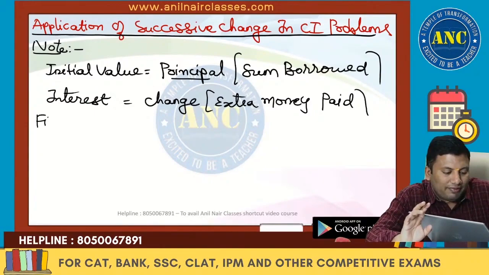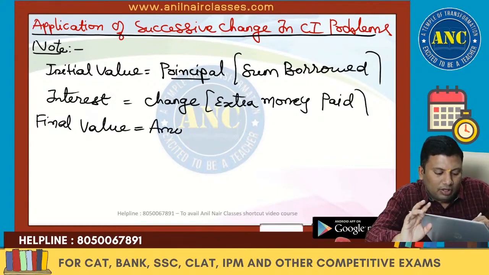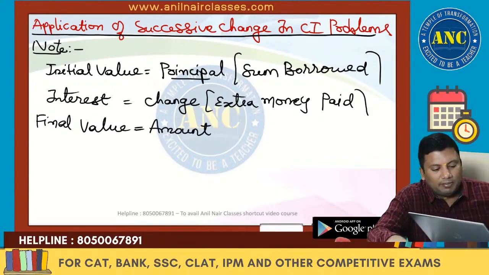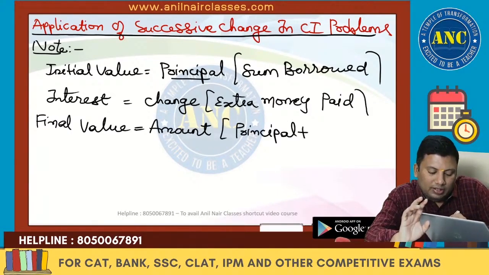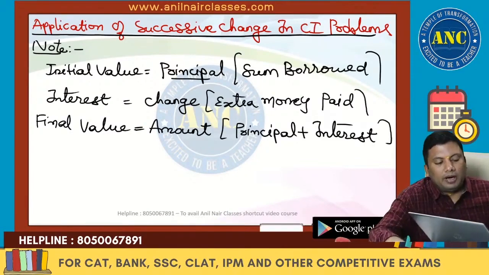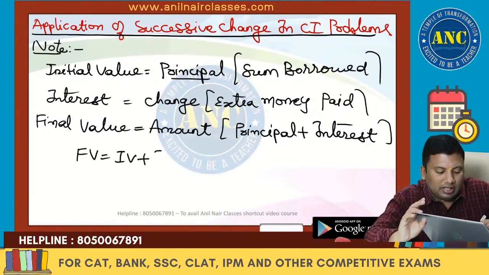Next one, final value. Final value is nothing but amount. Amount is nothing but principal plus interest.